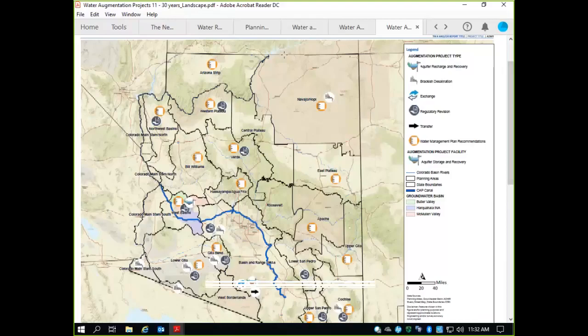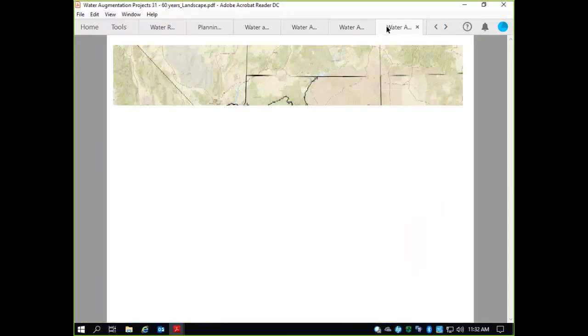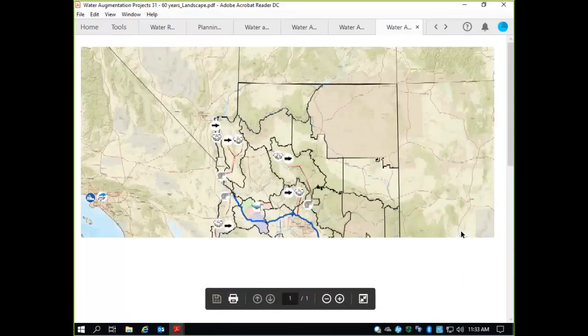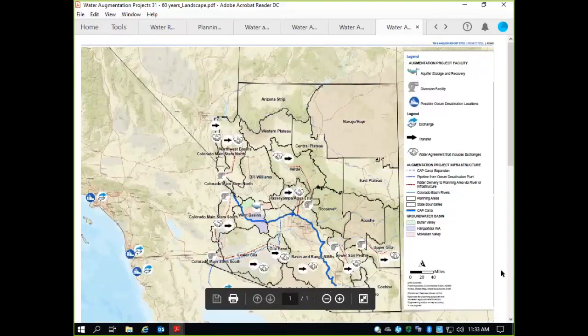And the concept here, and I need to explain the icons and symbology a little bit to make sure we're not too confusing, is that we could take ocean water and do an exchange with Colorado River users in California, so that we give them the desalinated ocean water and we take a portion of their Colorado River right, which we would then put through the CAP canal or use along the Colorado River to provide benefits to Arizona.